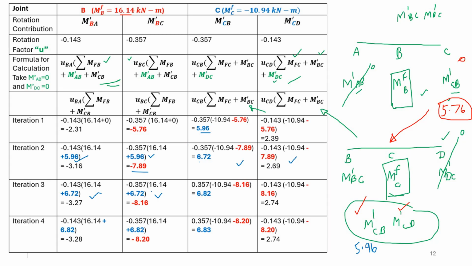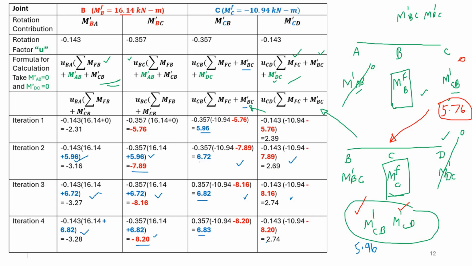Then you get this red color m dash BC, which is substituted for this m dash BC expression. So here you substitute, then you find out new value of m dash CB. So this minus 8.6 is for these two columns. Then you substitute 6.82 for these two columns. You get minus 8.2. You get again 6.83.